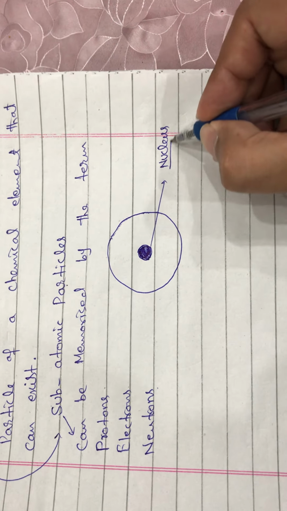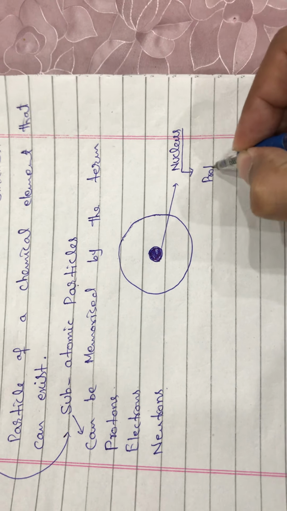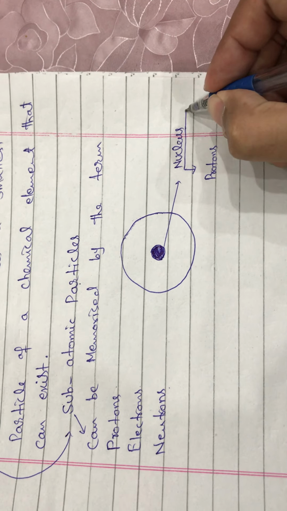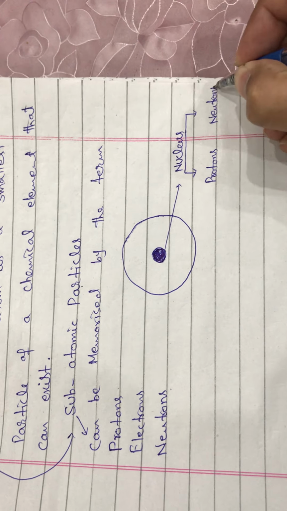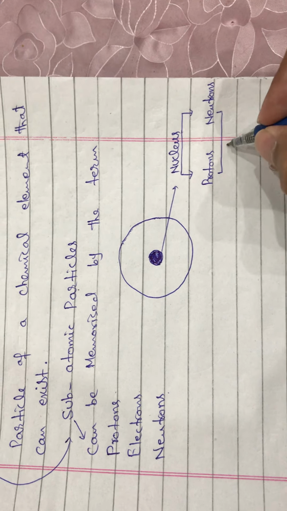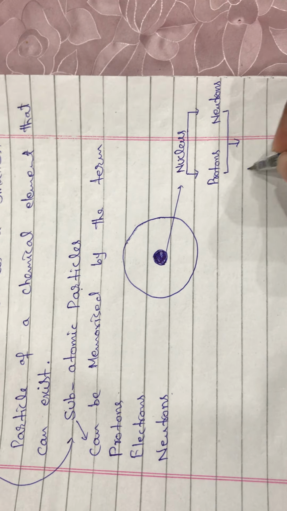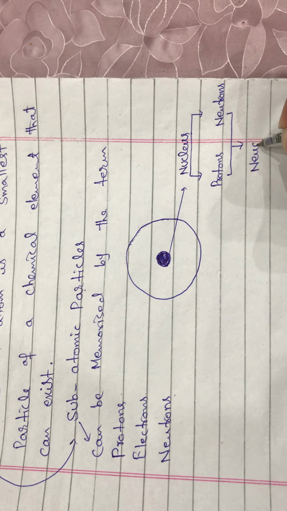The nucleus contains two particles in it, protons and neutrons. Protons and neutrons are present in nucleus. Because they are present in nucleus, they are also termed as nucleons.